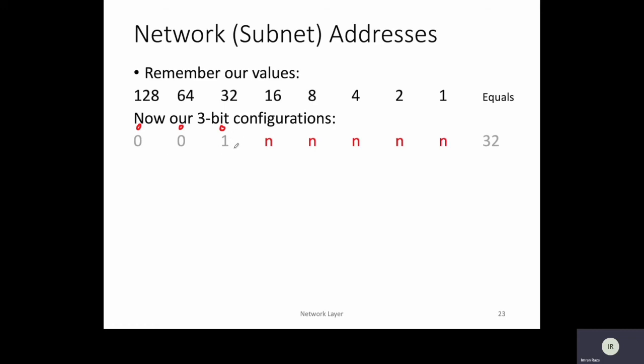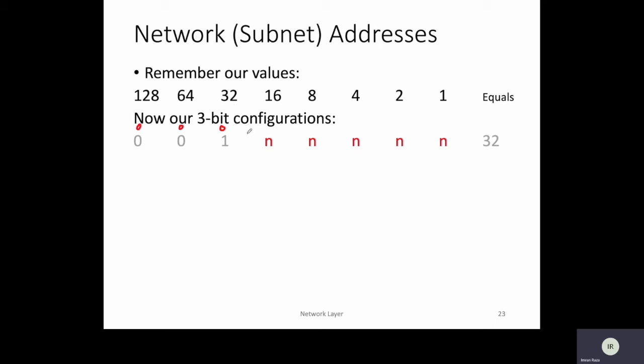Since we can have a total of 8 combinations and we are using 6 usable subnets, the combinations where I'm not using all zeros. The next combination is 0, 0, 1. Which bit is on here in this last octet? I'm not dealing with the host bits at the moment, because they represent the host portion. So which bit is 1? Yes, 32.